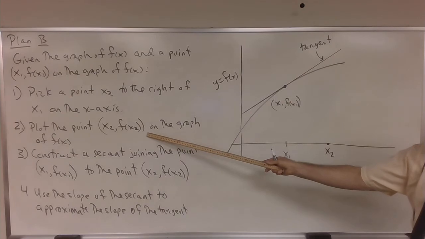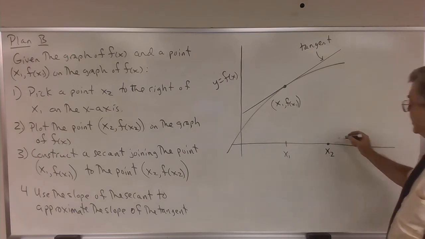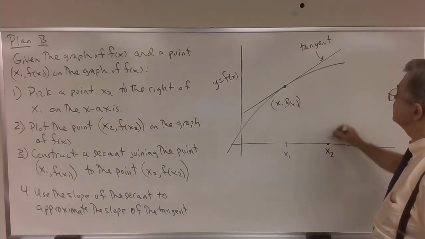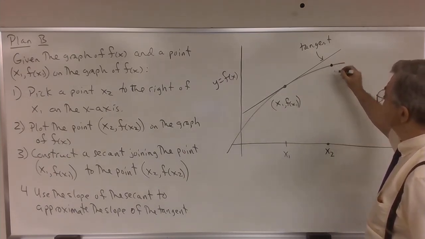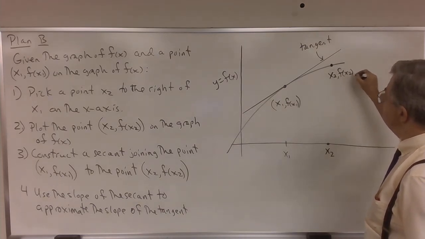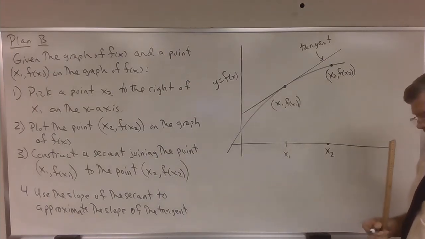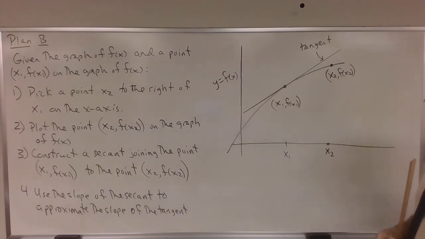Next, plot the point x2, f of x2 on the graph of f of x. Okay, I can do that too. Here's x2. So here's the point x2, f of x2 on the graph of f of x.